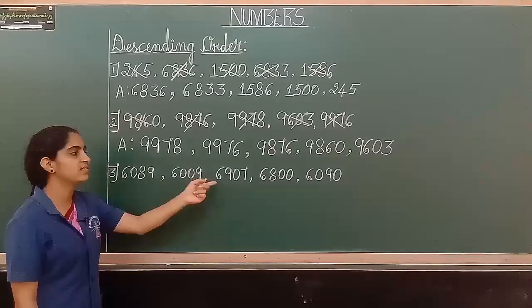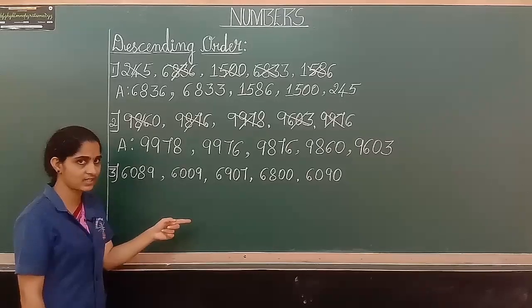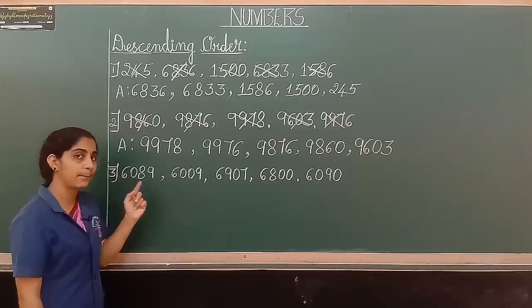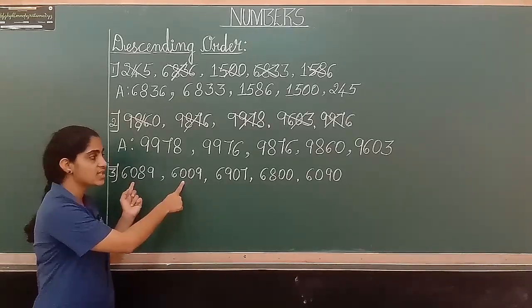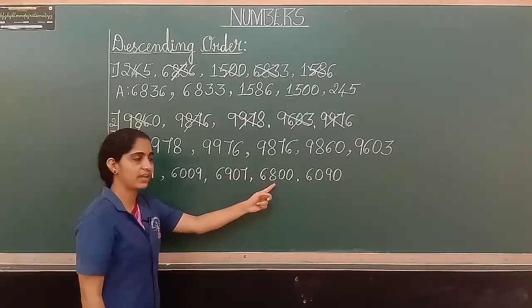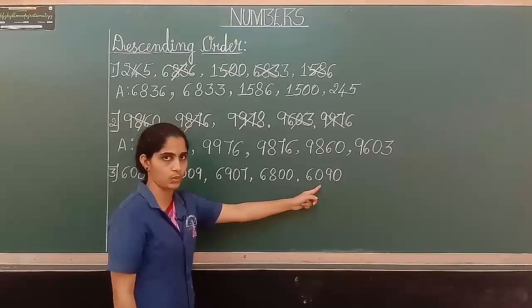When we compare the first digit, all the digits are same, correct? So we have to compare the second digits. When we compare the second digits, in these two places we have 0. Here we have 9, here we have 8, again in this number we have 0.